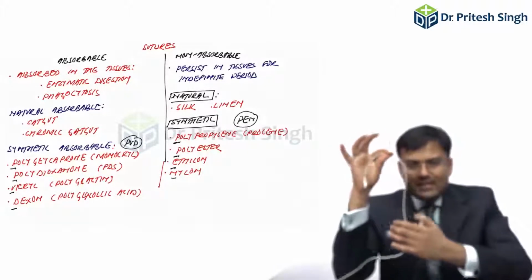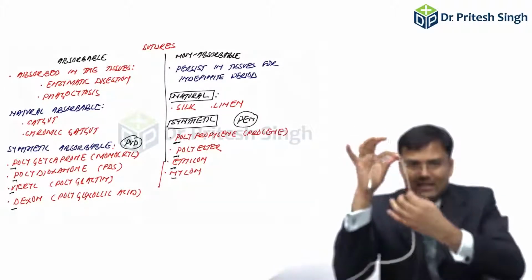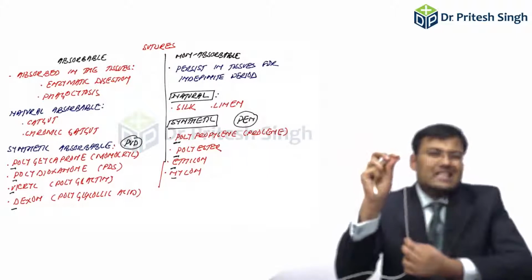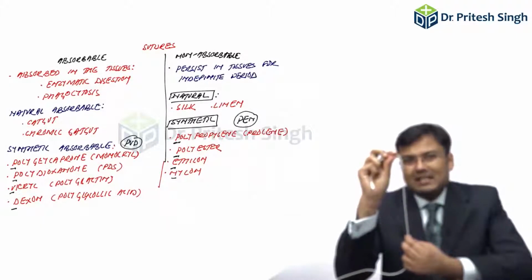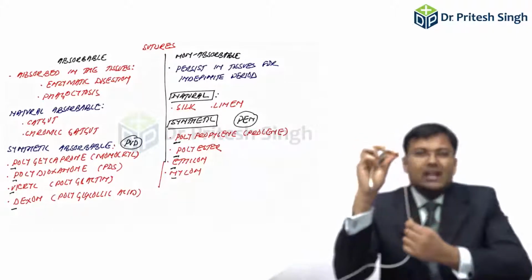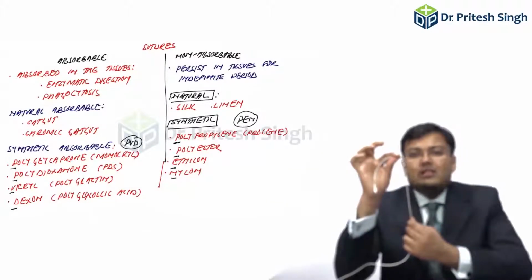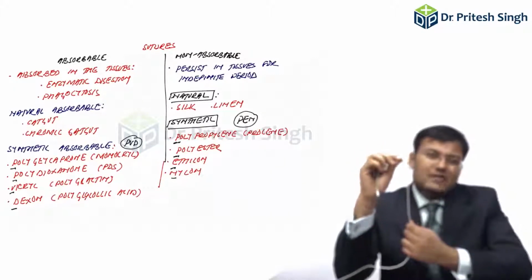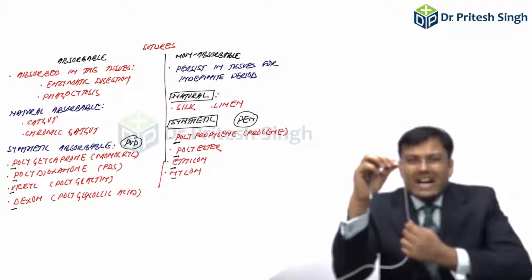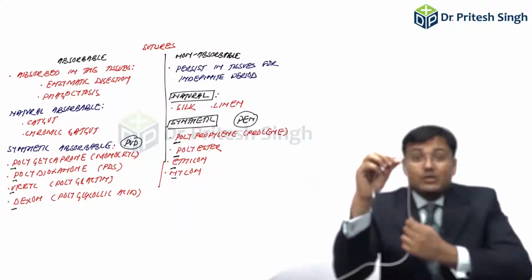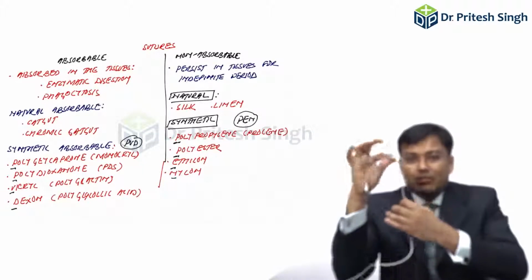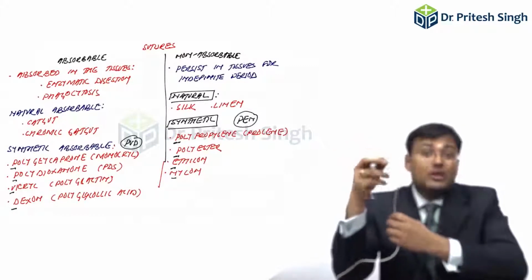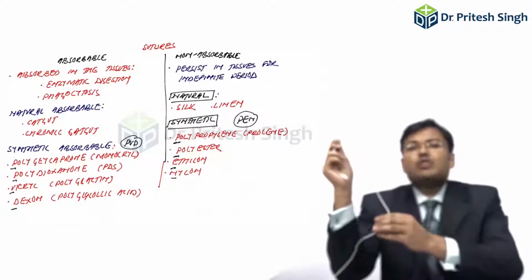There are advantages and disadvantages. Since it's smooth, the risk of infection is lesser. But since it is smooth, it has a strong memory, and because of that the knots are not very stable. That's why we take usually 6 to 8 knots in Prolene, which is a monofilament suture.